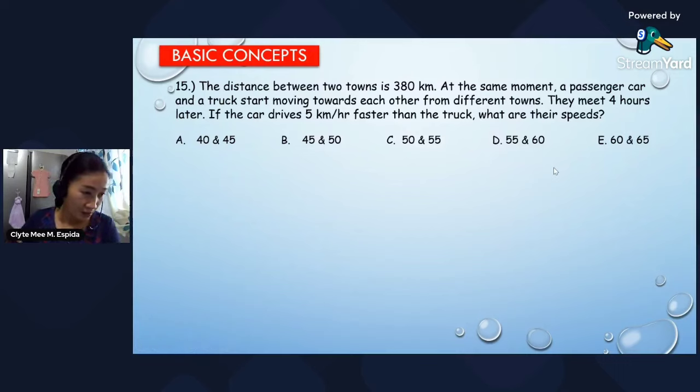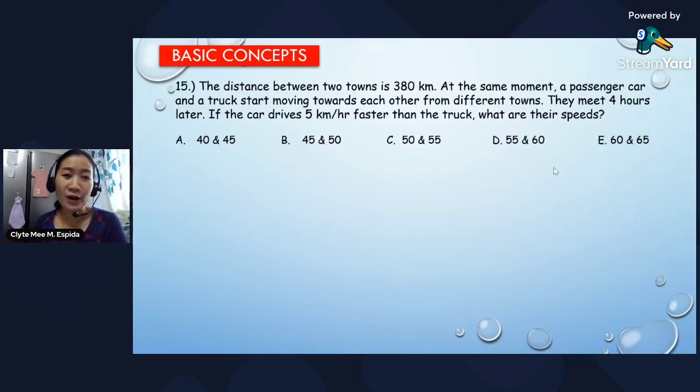Okay. So feel ko, nahihirapan na sila. Okay, so 380 kilometers apart yung truck at saka yung car. Yung car natin is 5 kilometers per hour faster than the truck. After 4 hours, they meet.